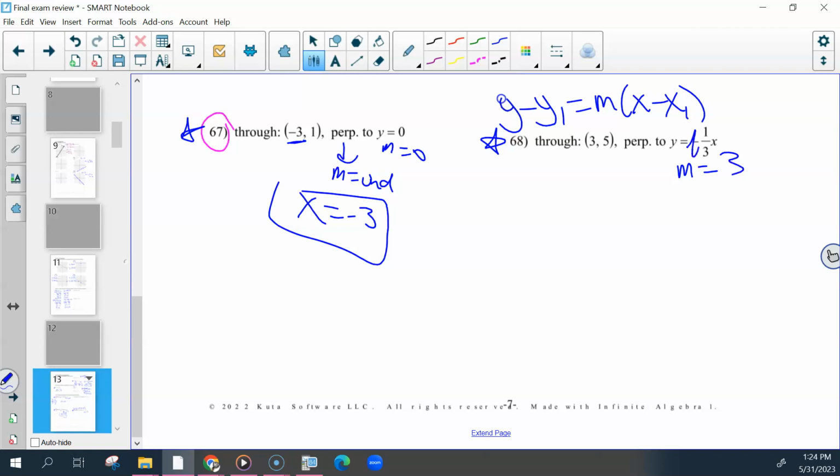This is already negative. Then you don't need anything else in that equation. So we have our slope, we have our x1, we have our y1. And we can put all of that into that formula. So y minus y1, which is 5, equals our slope, which is 3, parentheses x minus our x1, which is also 3. Then distribute.